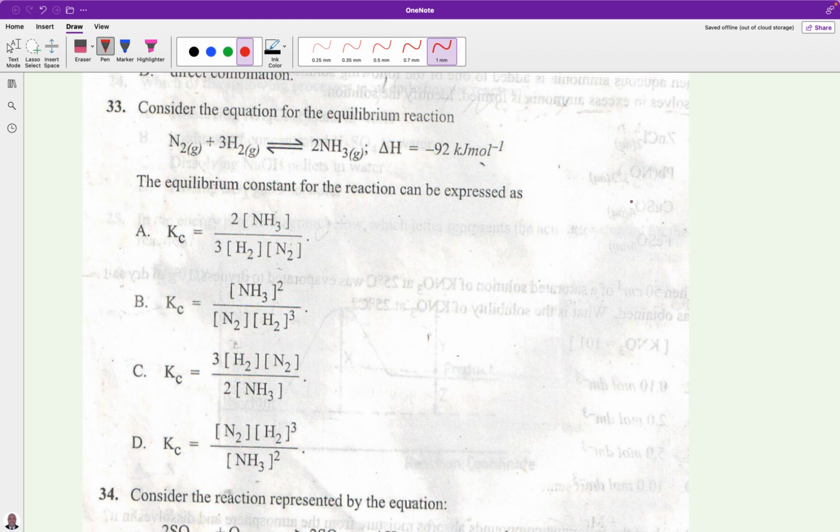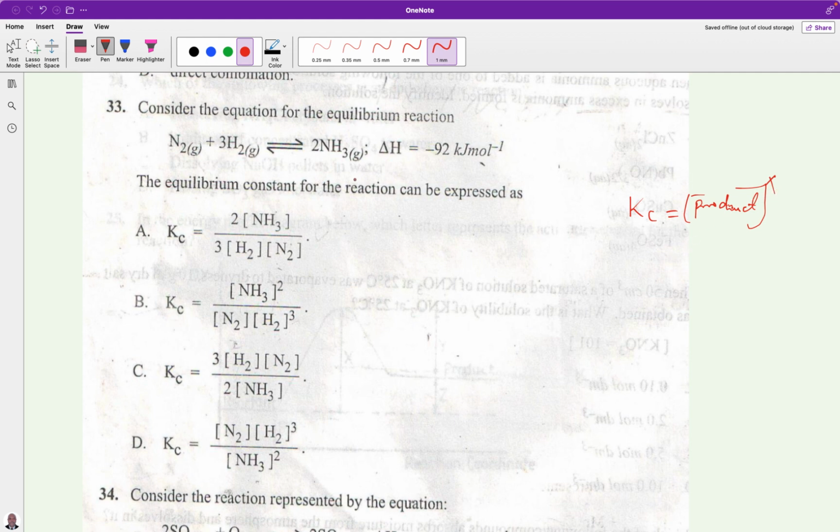Kc is the product raised to the power of its coefficient. The product raised to the power of its coefficient. And what was its coefficient here? It is 2.